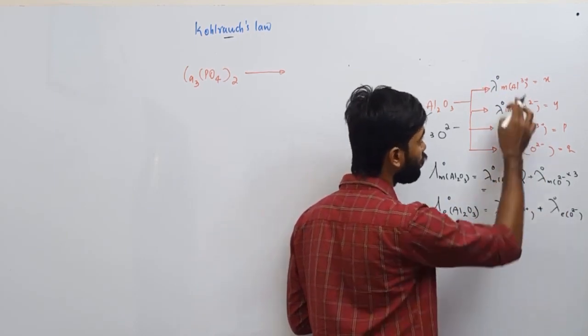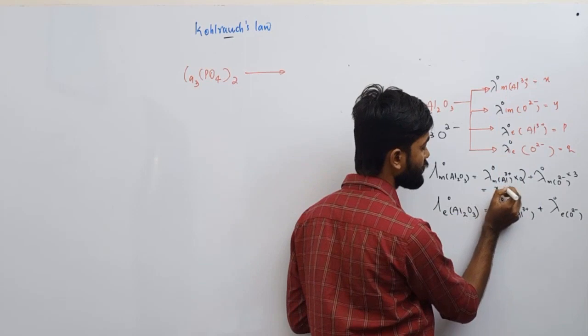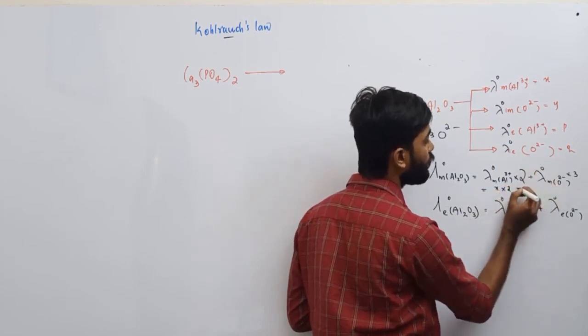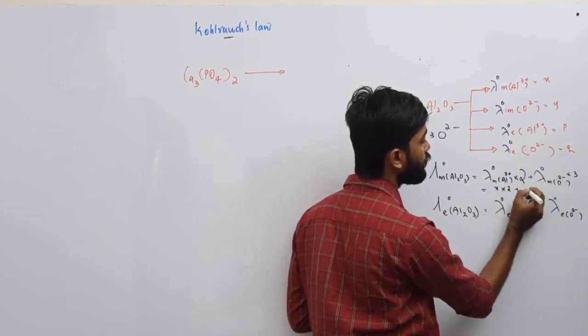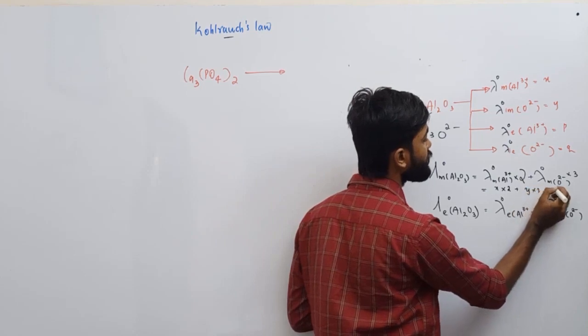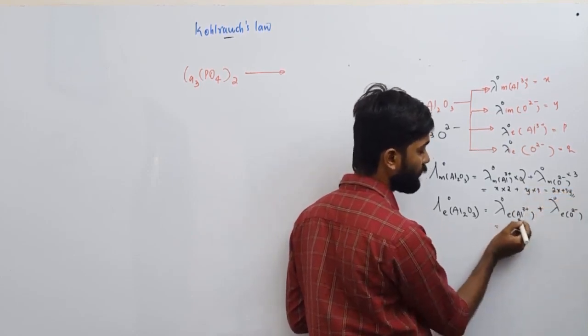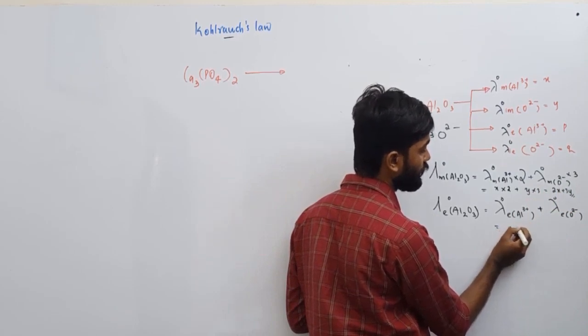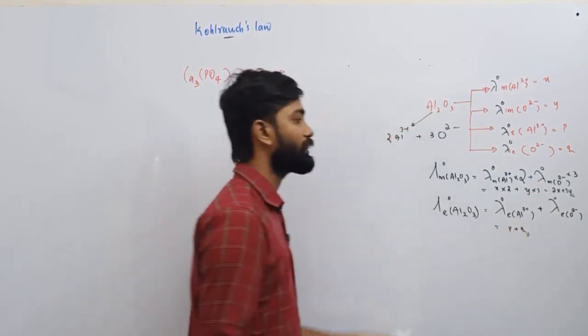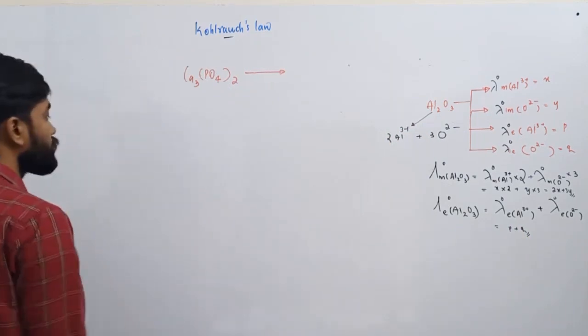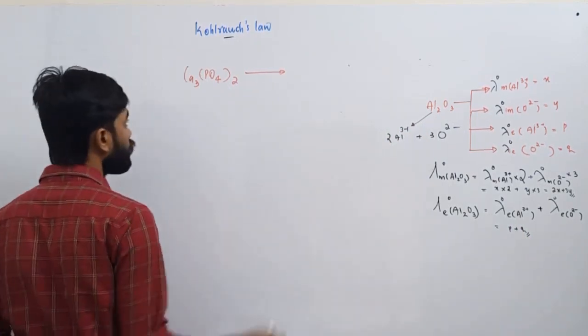The limiting molar conductivity of Al3+ is x, so x into 2. The limiting molar conductivity of O2- is y, so y into 3. So this answer will be 2x plus 3y in general format. Here, the limiting equivalent conductivity of Al3+ is P and of O2- is Q. So this is just P plus Q.